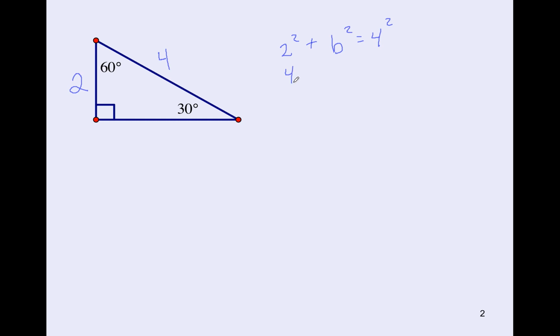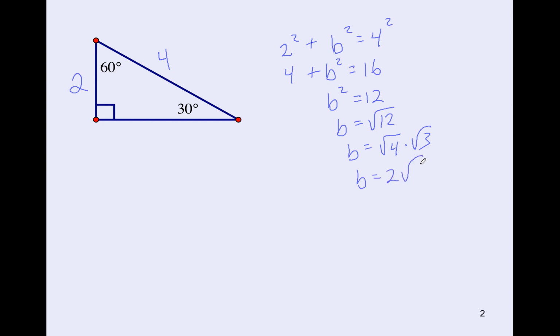Then you finish it up. Okay, you should pause the video, see if you can finish it up, and then come back and check your work. Biggest perfect square that goes into 12 is 4. B is equal to 2 root 3.